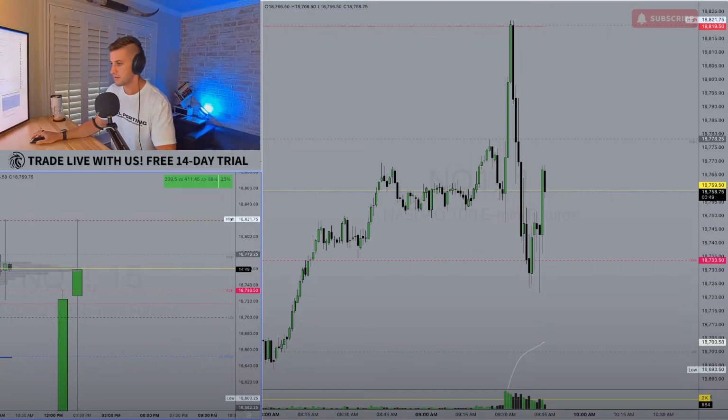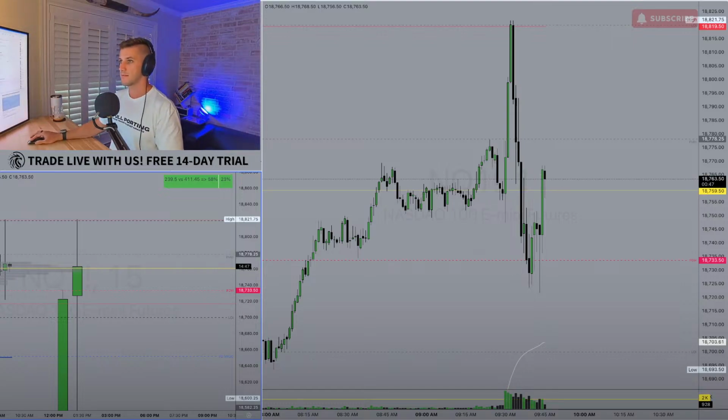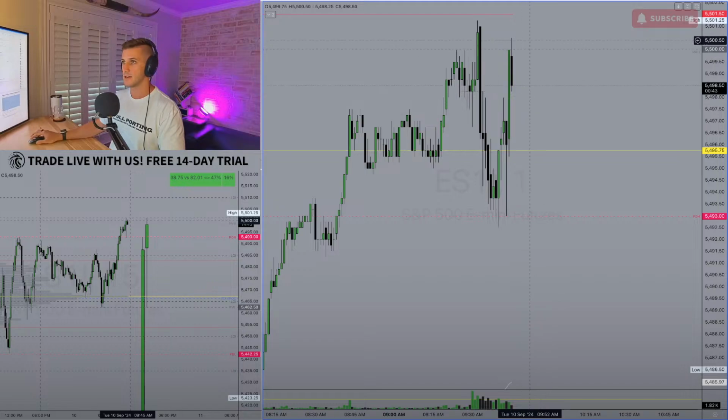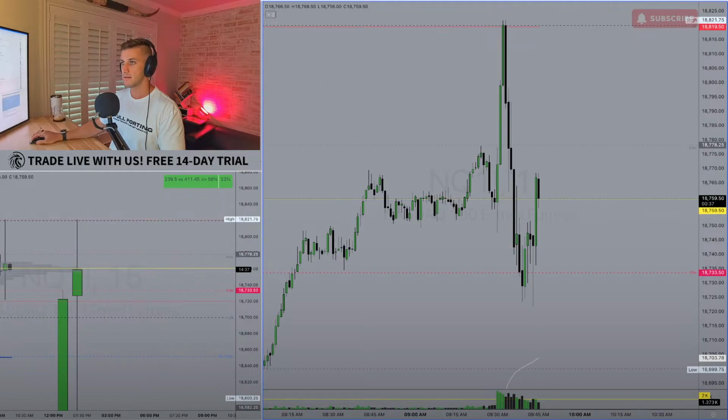So NQ coming back into that pre-market high. ES already testing that pre-market high. So if you grab the prior day high long, make sure you're trimming and protecting.